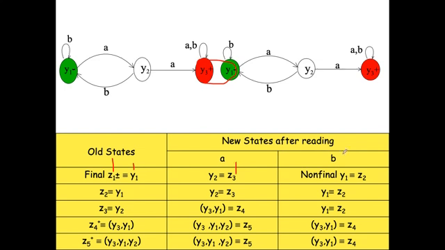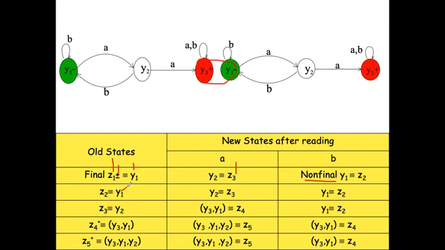And Y1 reading B, we go to Y1. And we treat it as non-final because in order to accept lambda we make it final, but in order to accept other instances we make it non-final.